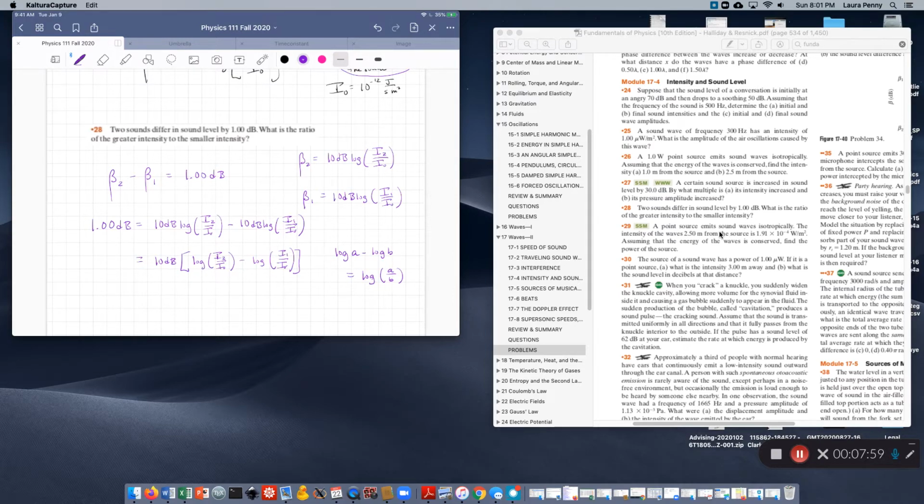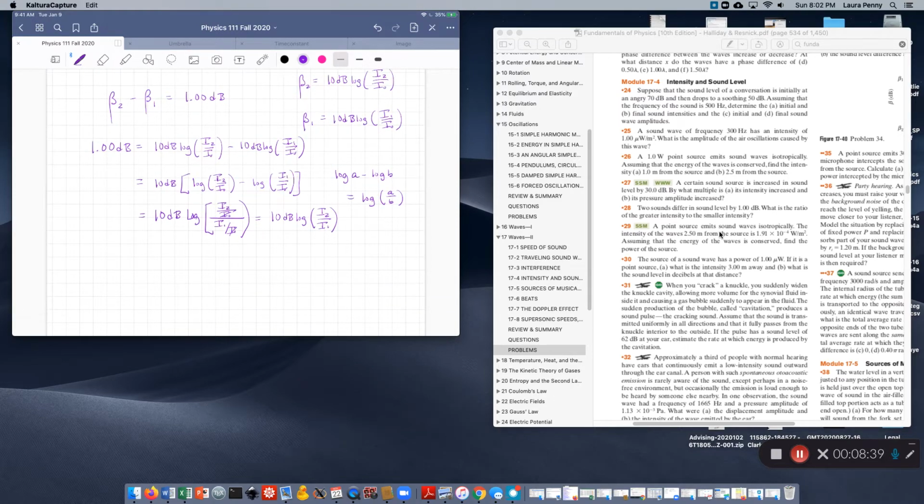And so I can rewrite this side as 10 decibels log, and I end up with a huge fraction here. I'm going to have I2 over I0, the whole thing, divided by I1 over I0. And so then I have I0 on the top and the bottom, and I end up with just 10 decibels log of I2 over I1. The I0 part goes away.